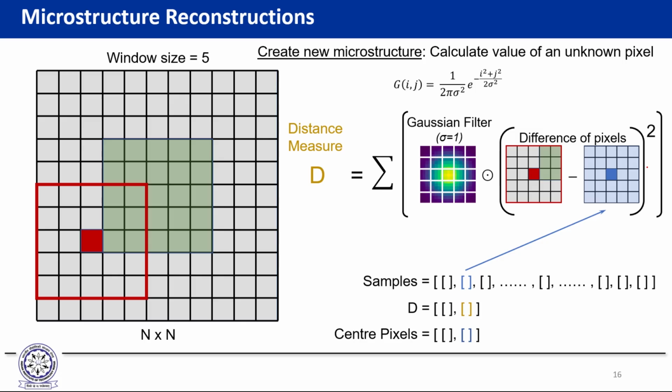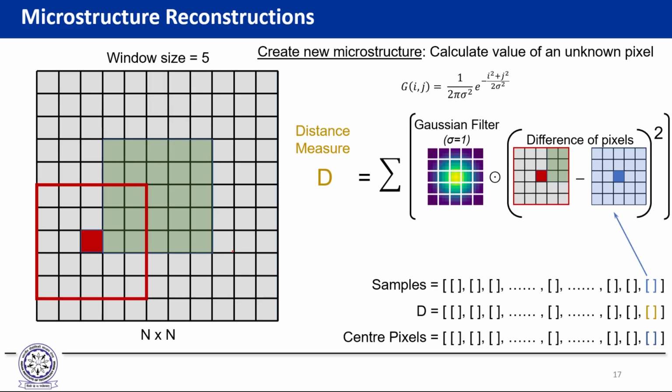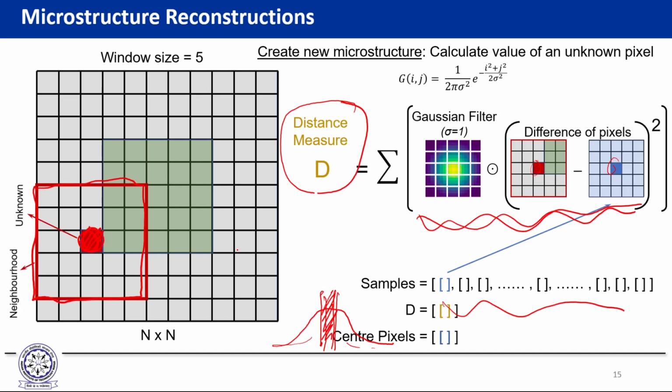So with that done, what would be our next step? We will simply go ahead and translate this red window all around our microstructure. As I am computing the distance, I am starting to populate another set of data which has all of the distance values which are being measured.